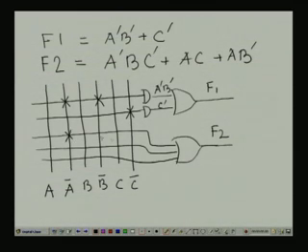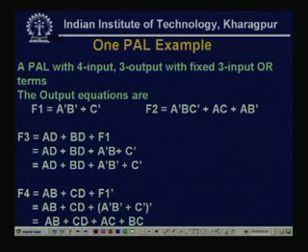So, this is A dash B C dash, A C, and then A B dash. So, this is my F2. Now, what we see is that F3 is actually AD plus BD plus A dash B dash plus C dash. A dash B dash plus C dash is nothing but F1. So, F3 is AD plus BD plus F1.